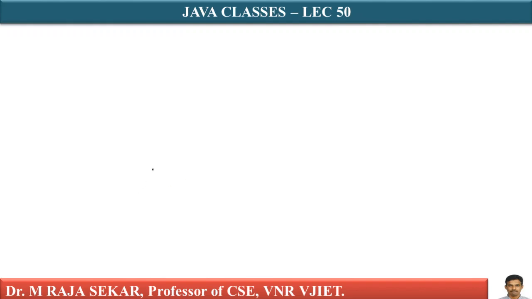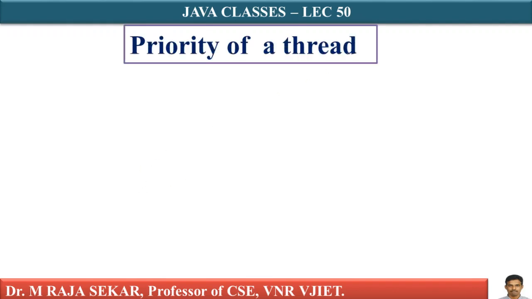In this lecture, we will try to understand the priority of a thread. In Java, each thread is assigned a priority, which affects the order in which it is scheduled for running. What does it mean?